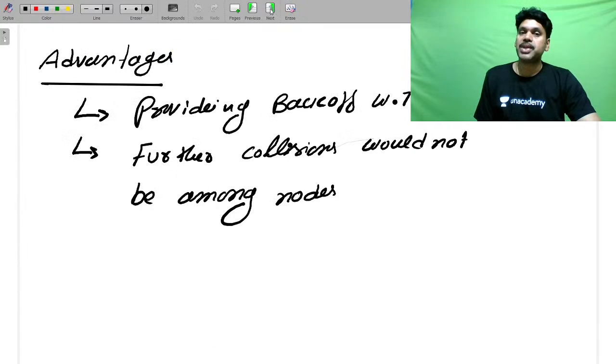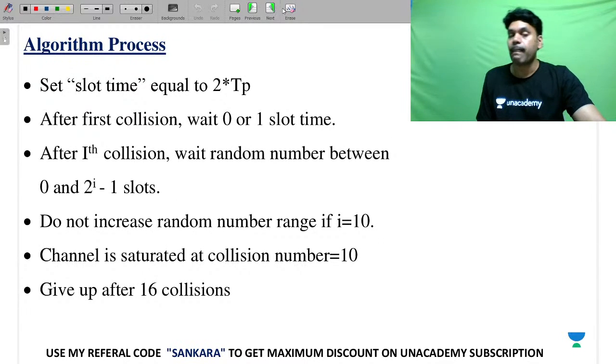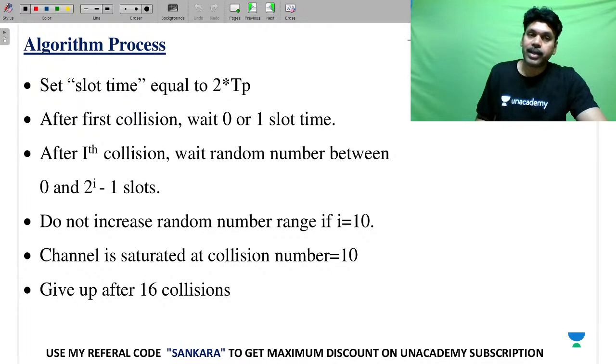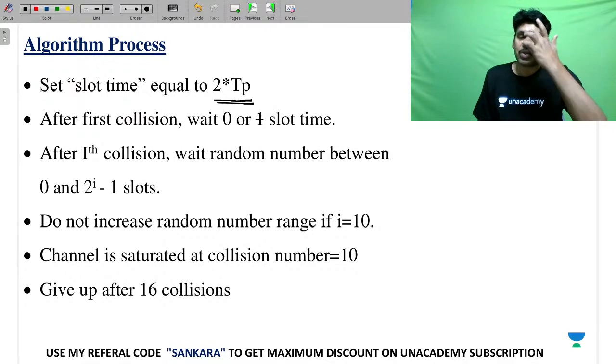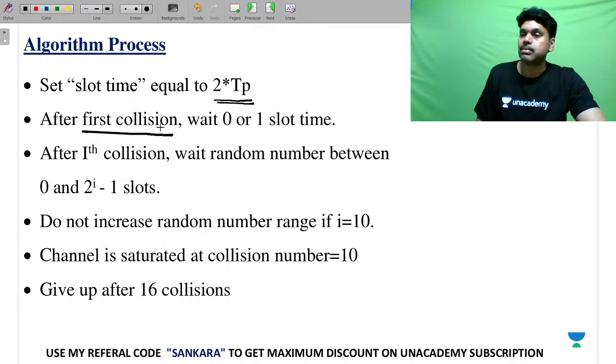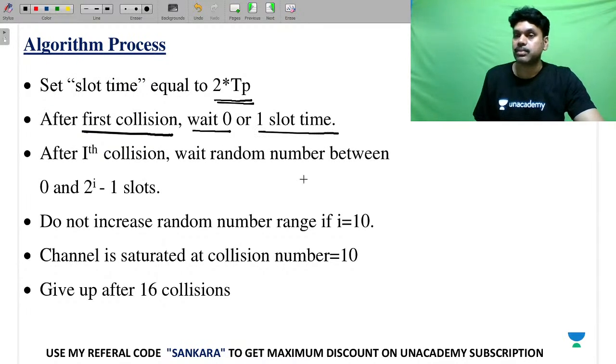So what is the capturing effect? We will see that. So what is the algorithm process? Set your slot time to 2 into TP. This is the first step. After the first collision, your slots are 0 or 1. Now you need to decide which slot you are going to take.